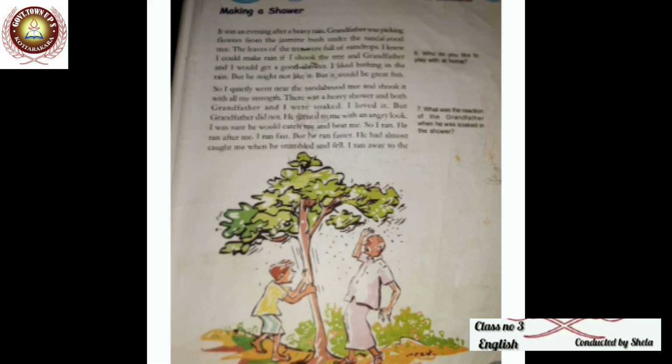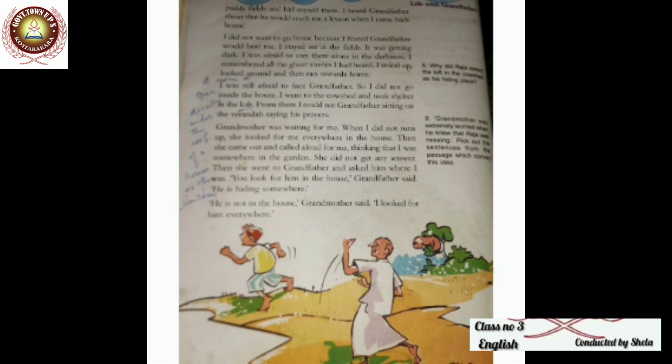8th question. Why did Raja select the loft in the cowshed as his hiding place? Loft in the cowshed is the hiding place of Raja. Why? Because he liked to hide in a place closest to his house.